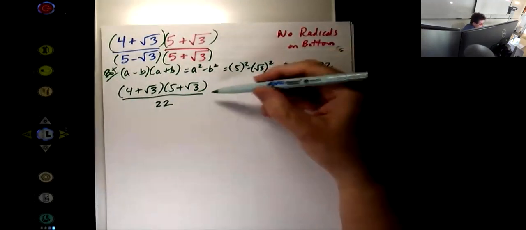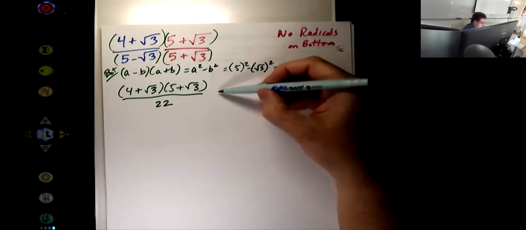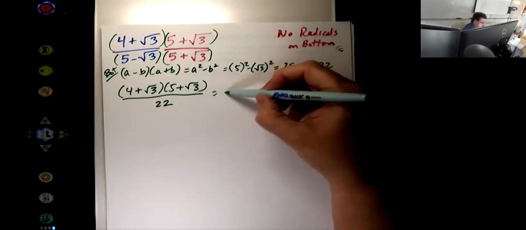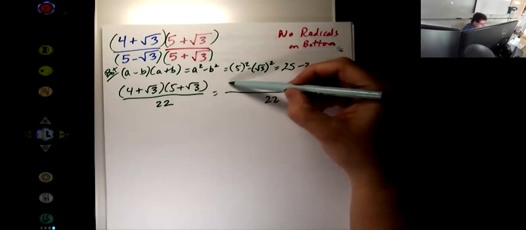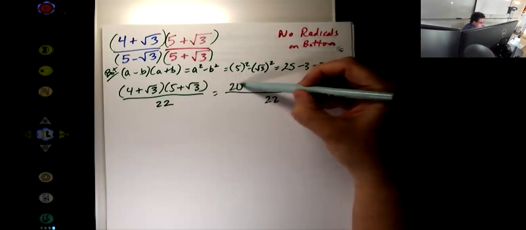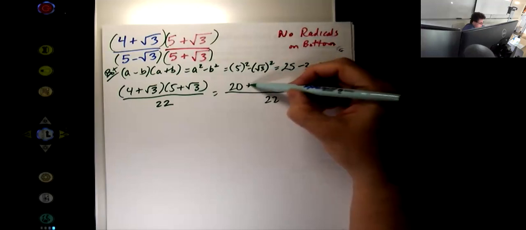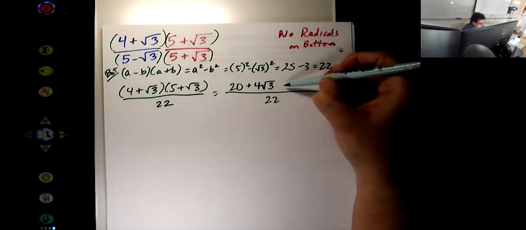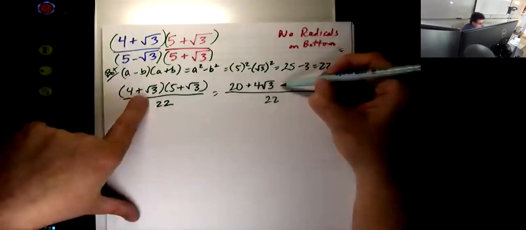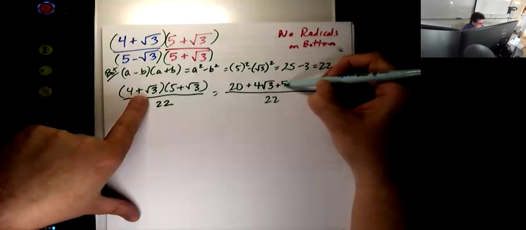I don't see anything happening there, so I'm gonna multiply it out. Multiplying the top, I get 4 times 5 is 20, plus 4 times the square root of 3 is 4 square root of 3. Then I move to the next one, plus square root of 3 times 5 is plus 5 square root of 3.